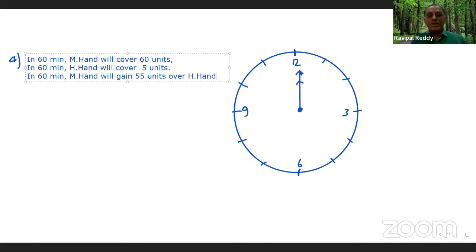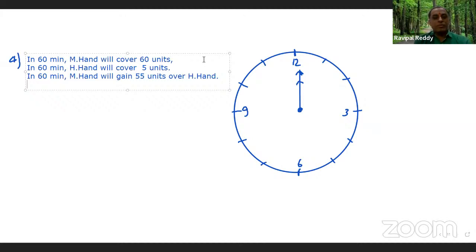In 60 minutes the minutes hand will cover 60 units because it will rotate one circle. And in 60 minutes the hours hand will cover 5 units only because it will move from 12 to 1 only. Therefore, in 60 minutes the minutes hand will gain 60 minus 5, that is 55 units over the hours hand.